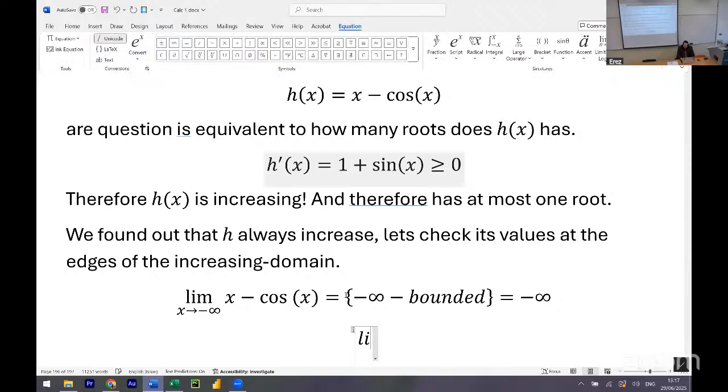And the limit as x goes to infinity of x minus cosine of x similarly is infinity.